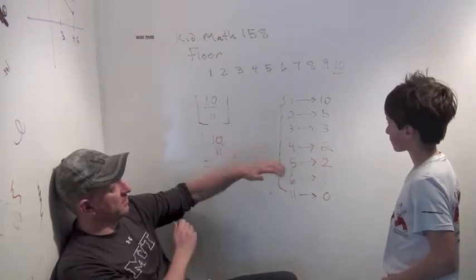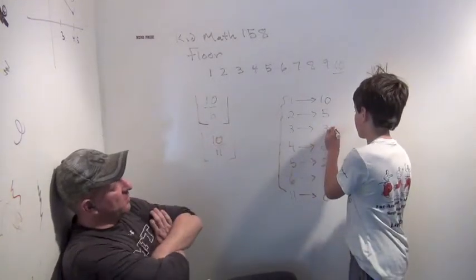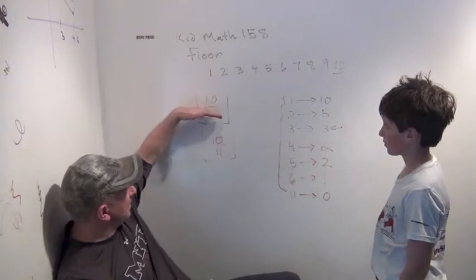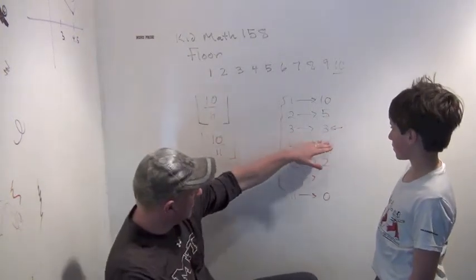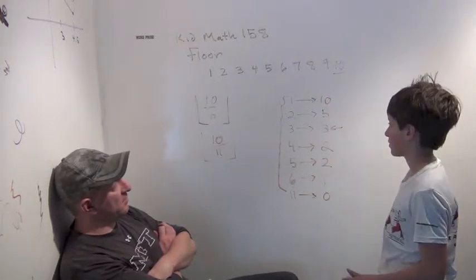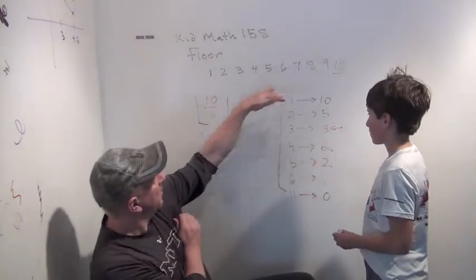Take 3, for example. This is counting something. With the number 3, I take 10 divided by 3 and I floor it, and I get 3. It's the thirds. Circle them. What do those 3 numbers represent here on my number line up there?